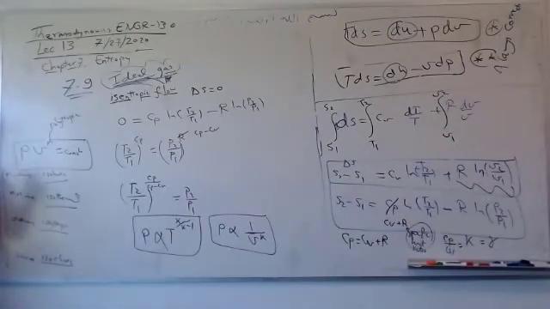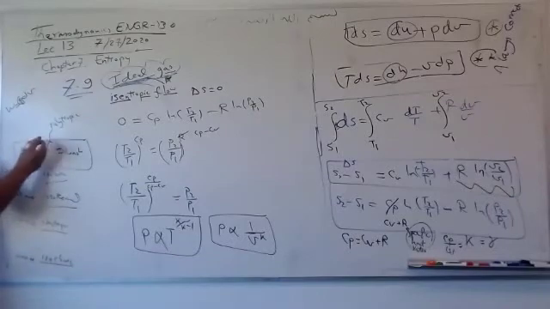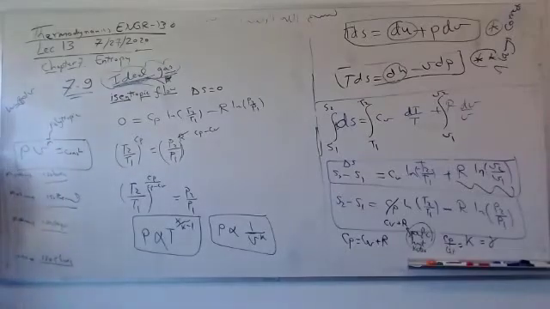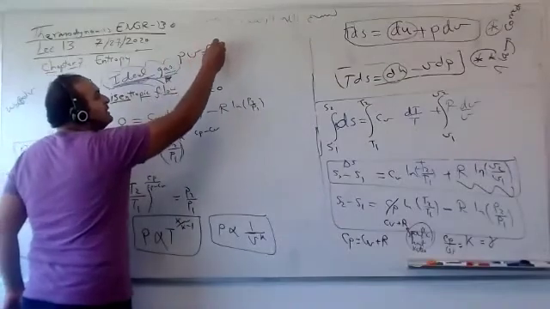If you remember, when we set W equal to the integral of P dV and we wish to have P as a function of V, there is a very important correlation called P V to the N equals constant. For an ideal gas, PV equals RT, which is always correct.